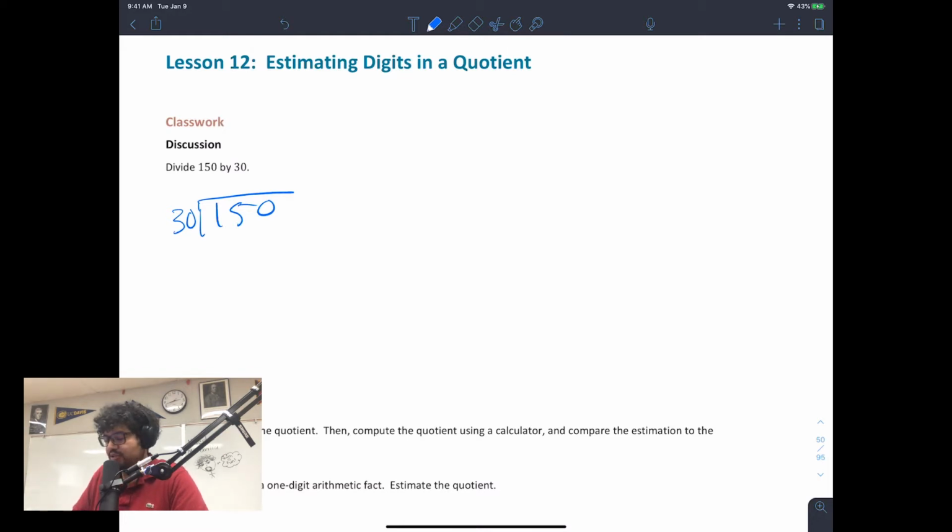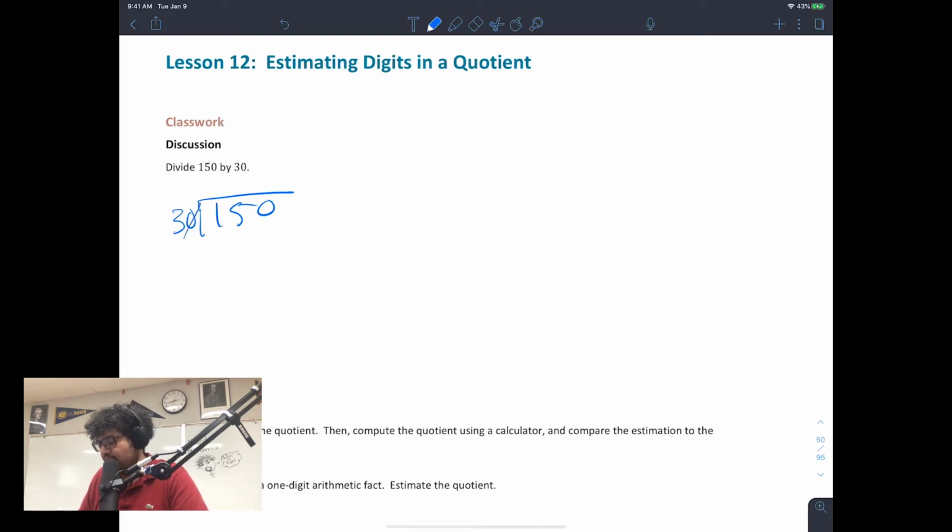Now, the way we do this is we look at the 30 and think how many times it can fit. It can't fit in the 1. So we get the 5, which turns into a 15. 30 still doesn't fit into the 15. So we grab the 0. Now we say, how many times can we fit this 30 into the 150? One trick is to eliminate the zeros.